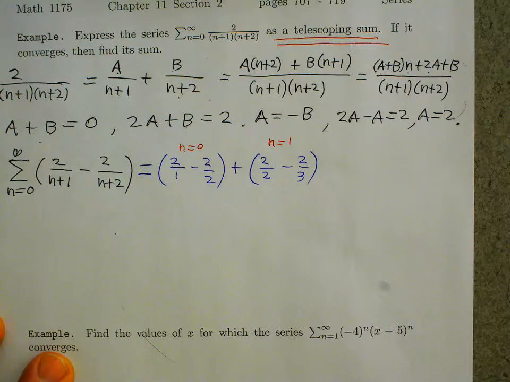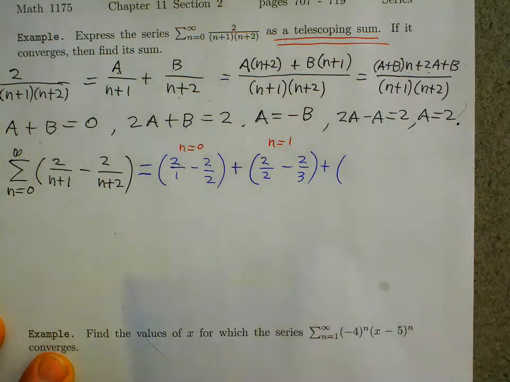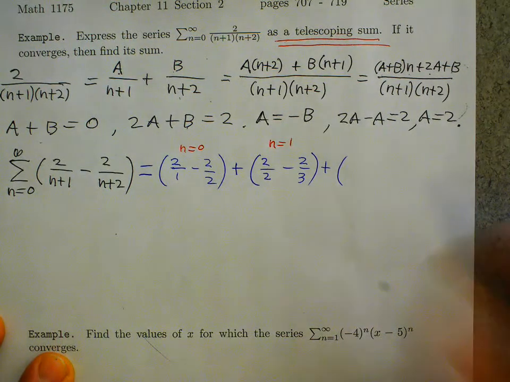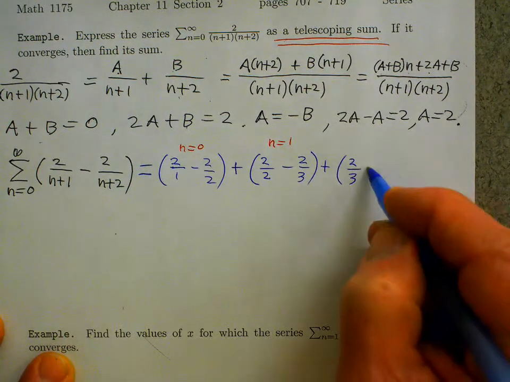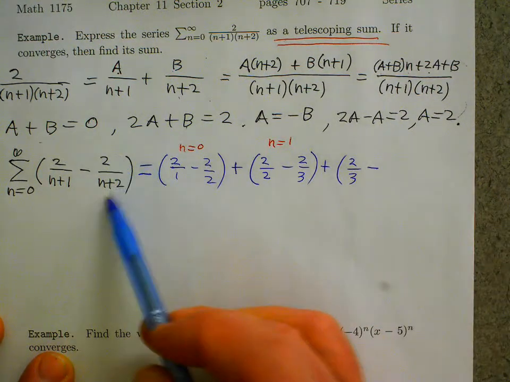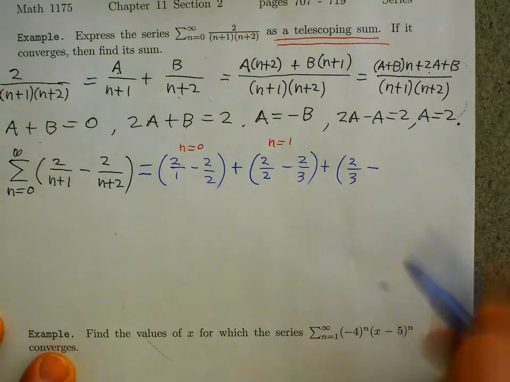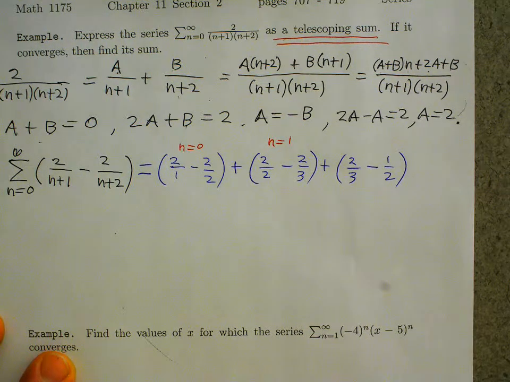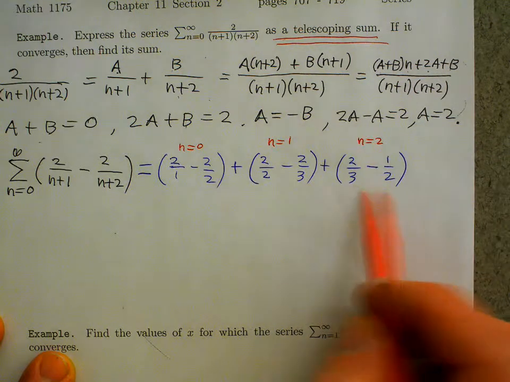Then we add the term we get when n is 2. So when n is 2, we get 2 over 2 plus 1, or 2/3. And then minus 2 over 4. I'll just write it as 1/2. So this is the term that comes from n equals 2.